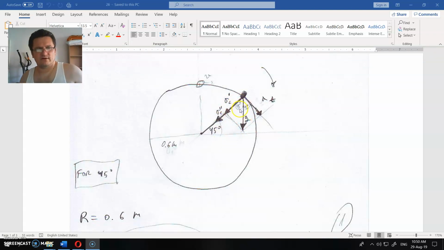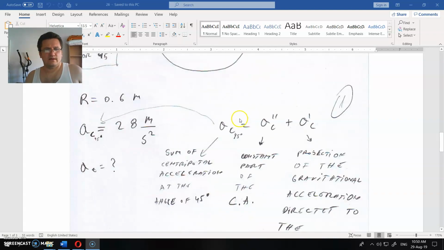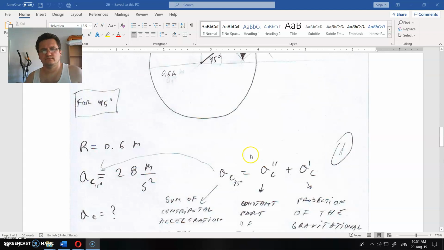So the centripetal part of the gravitational acceleration and the tangential part of the gravitational acceleration are the same in this case, and that is square root of 2 divided by 2. Why is that? Because that is sine and cosine of 45 degrees angle.